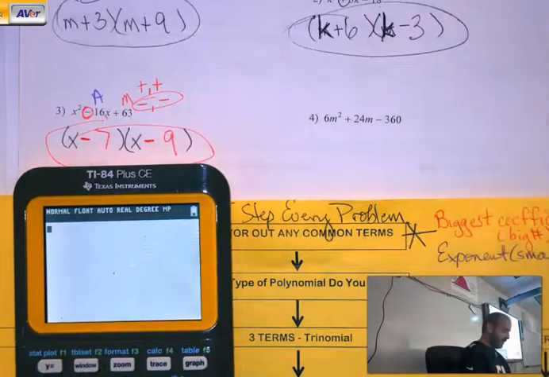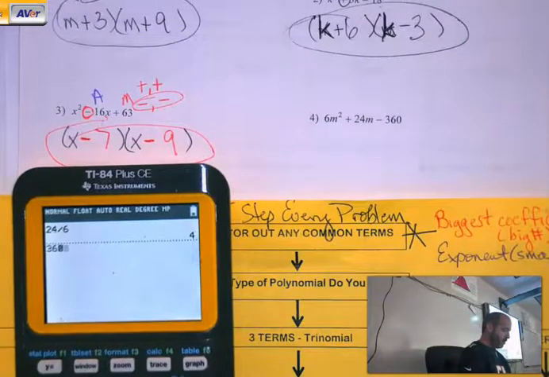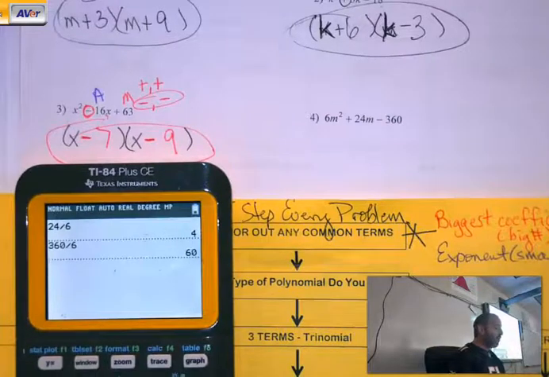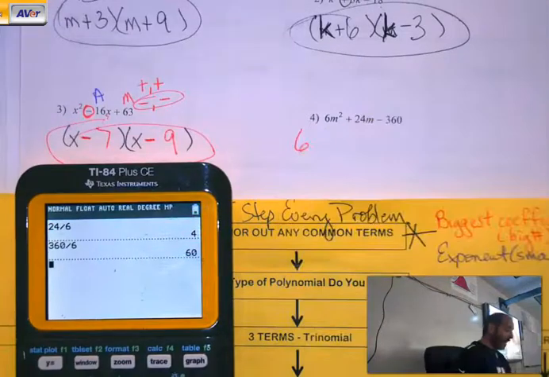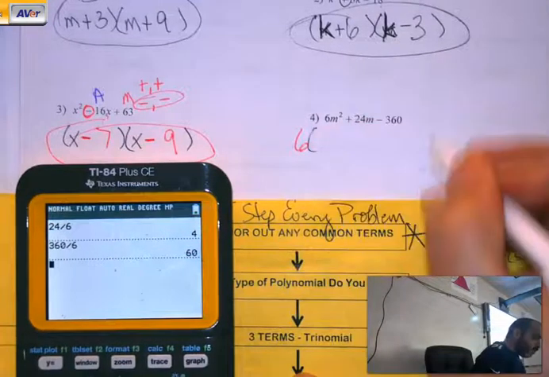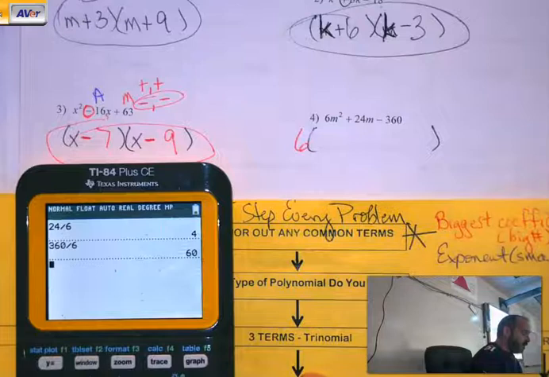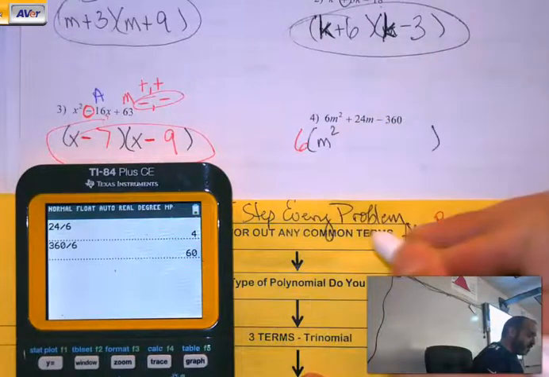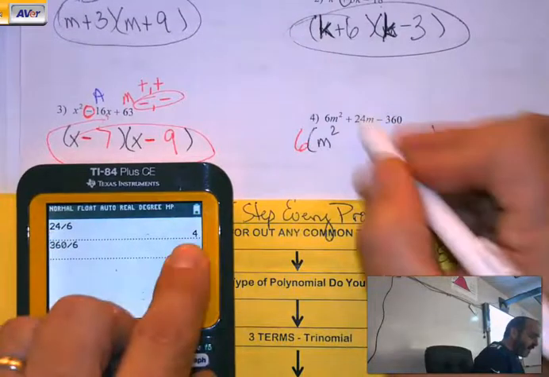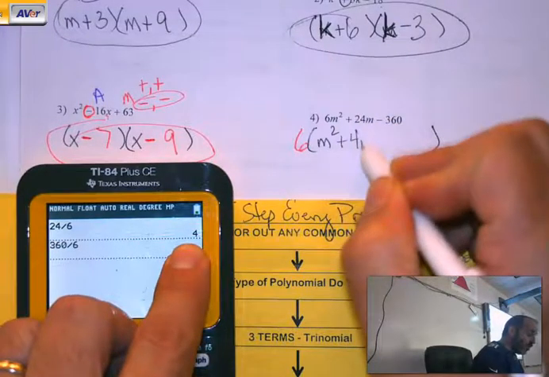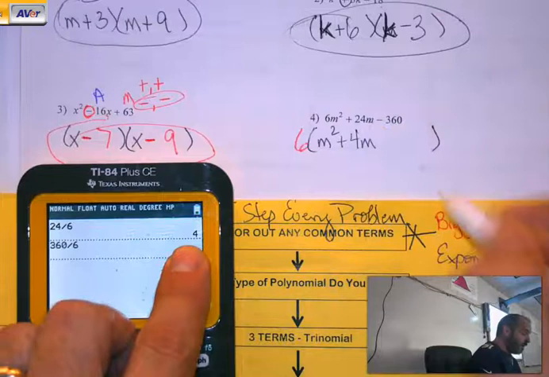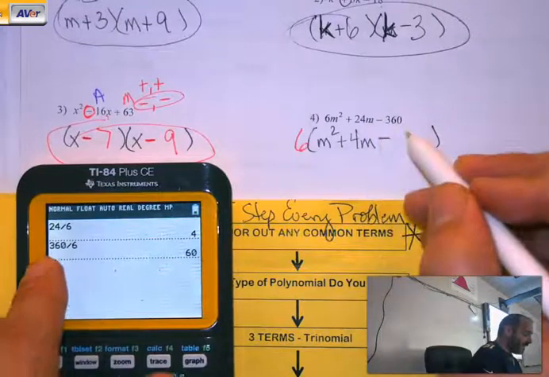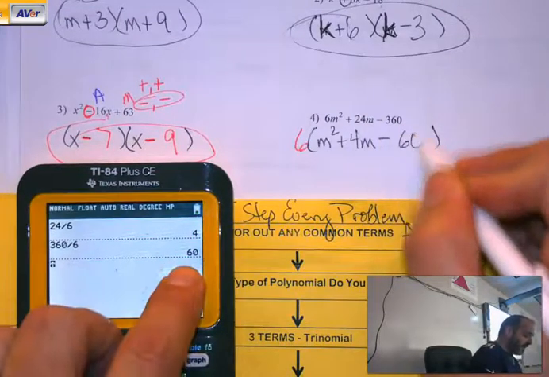We know 6 goes into 6, and it also goes into 24, and it also goes into 360. So we're pulling the 6 out. We're dividing it out. The 6's kind of cancel each other there, leaving me with m squared. 24 divided by 6 is 4. Don't forget your m. And 360 divided by 6 is 60.